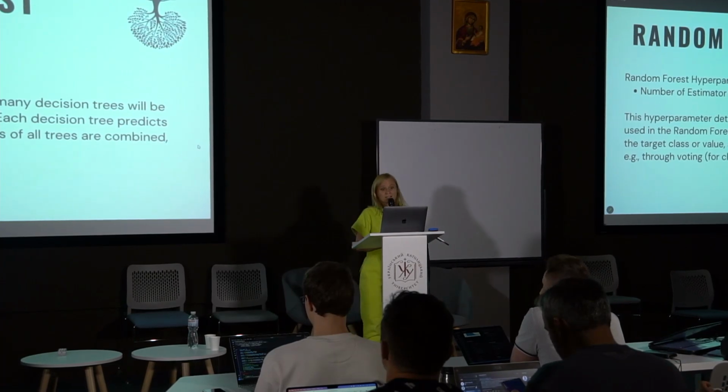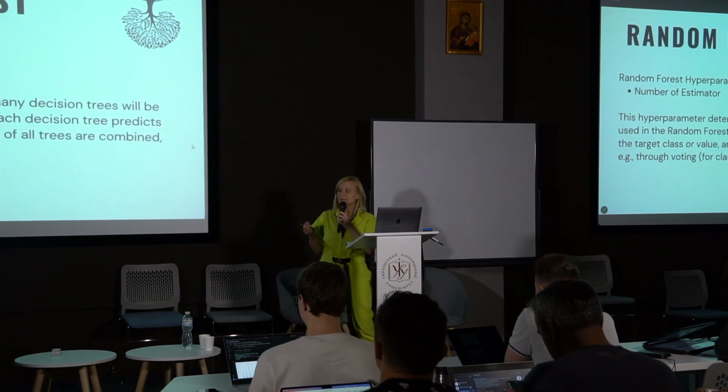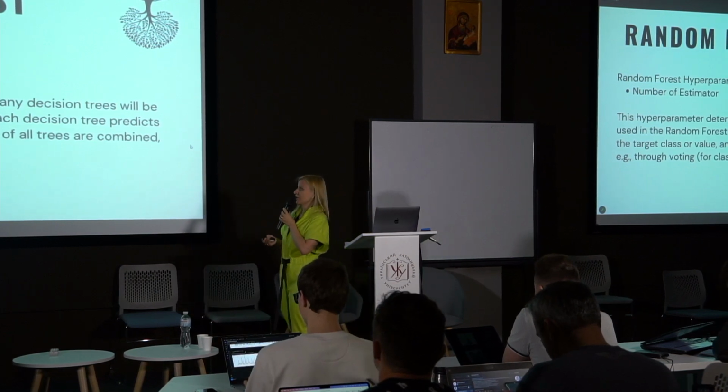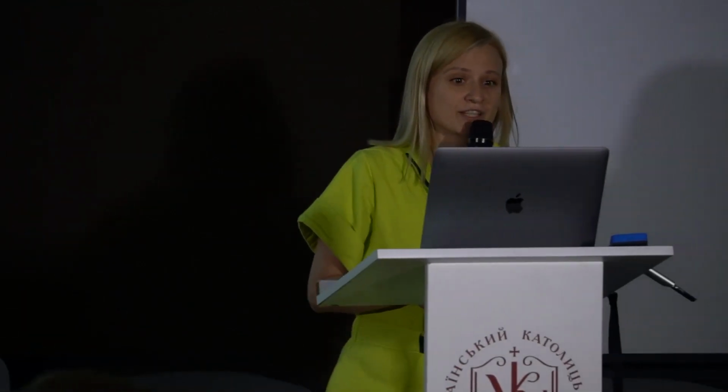First one is the number of estimators. This hyperparameter determines how many decision trees will be used in the random forest ensemble. Each decision tree predicts the target class or value, and the results of the trees are combined through voting for classification.